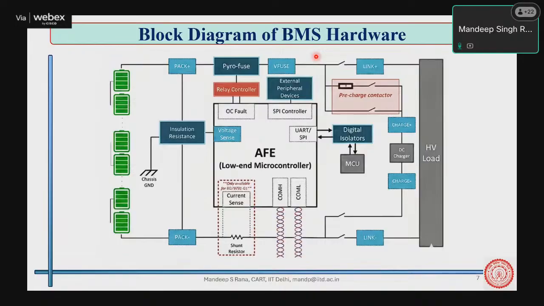There are various standards which talk about the BMS AFE design. Basically, there are various international standards and we have to adhere to them, because if you are making a product, let's say some card, it has to follow several standards.